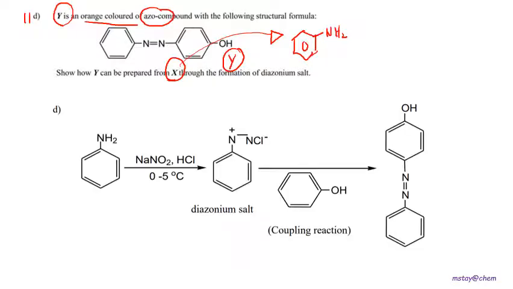As here, the aniline reacting with the nitrous acid at 0 to 5 degrees Celsius will form the diazonium salt. Make sure it is triple bond N. The nitrogen with 4 bonds will have a positive charge, and then Cl negative. And then this diazonium salt is going to react with the phenol.